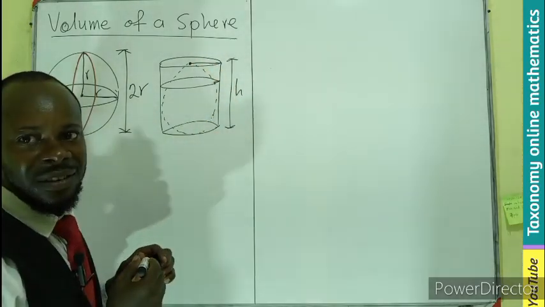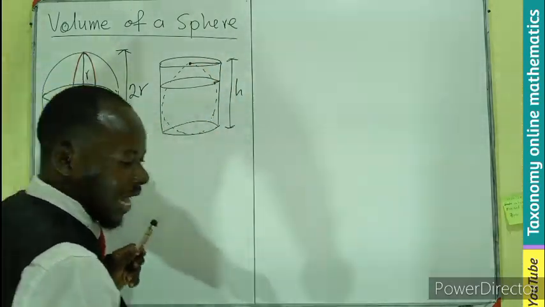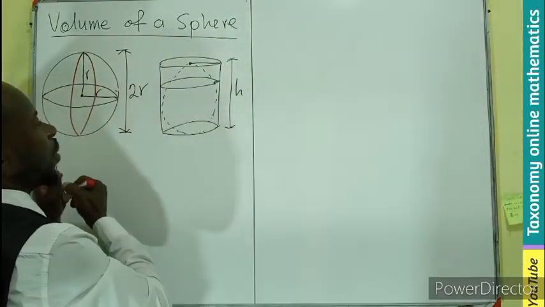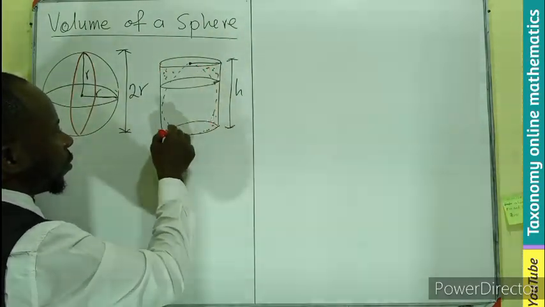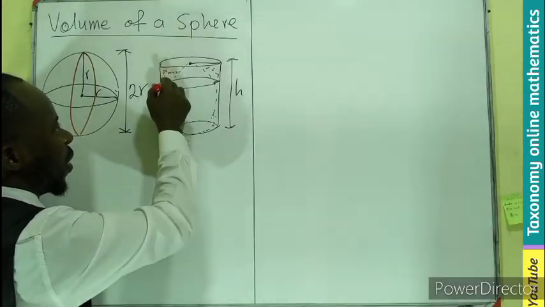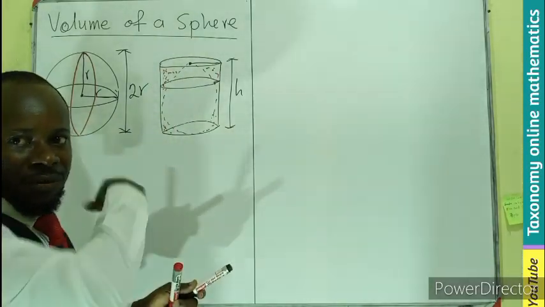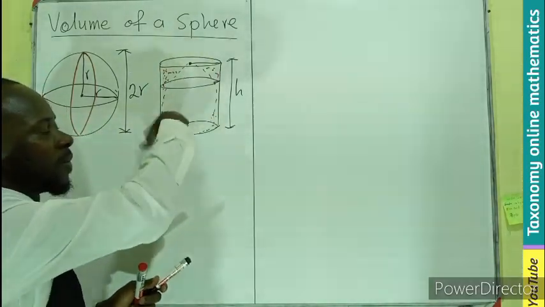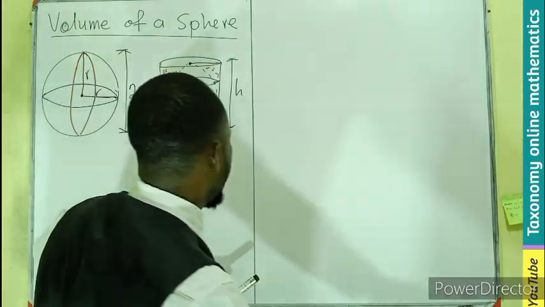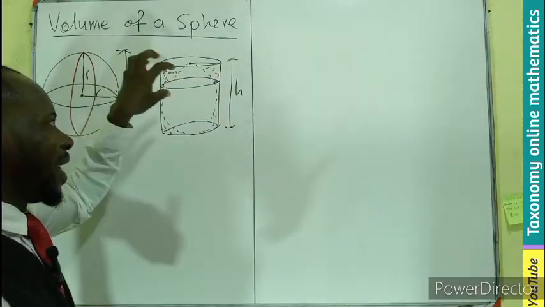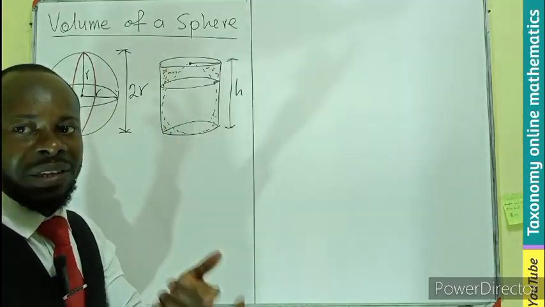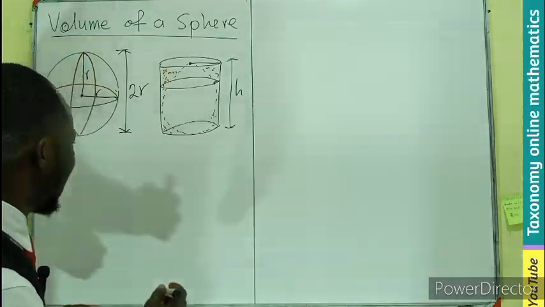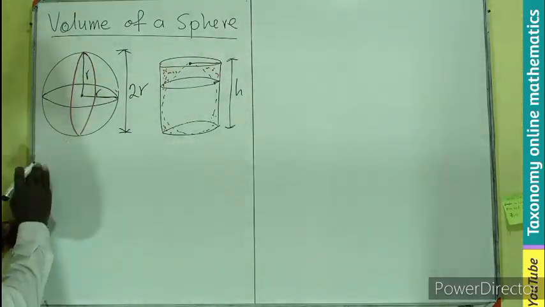These empty spaces will be about one third of the volume of the cylinder. So when you transfer the sphere volume into that of the cylinder, it is going to be 2/3 of the cylinder.